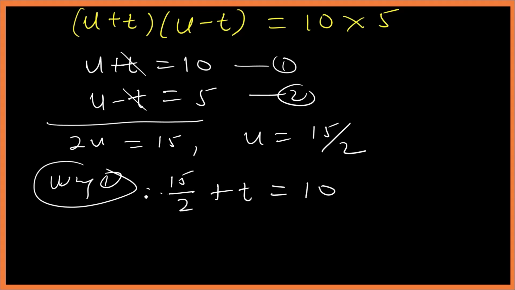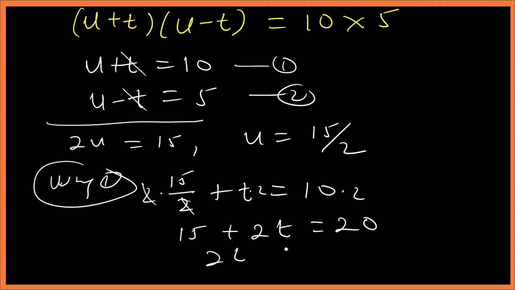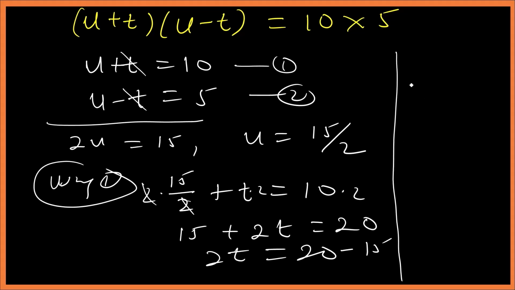So times 2, 15 plus 2t equals 20. So 2t is 20 minus 15, which is 5. So 2t equals 5. t is 5 on 2.